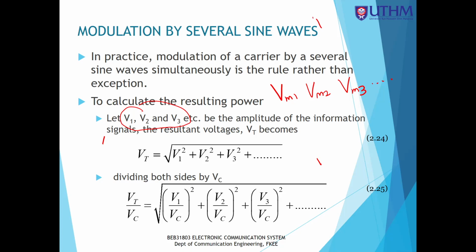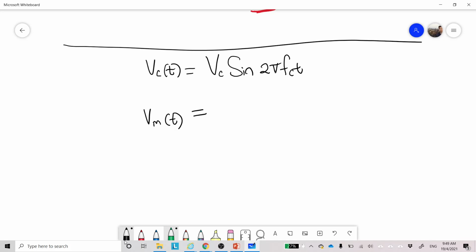for example, here I have two input messages. So here is VM, so VM1 sine 2 pi FM1T, the first frequency, plus VM2 sine 2 pi FM2T.